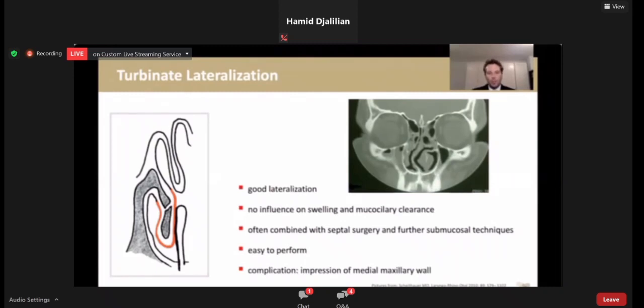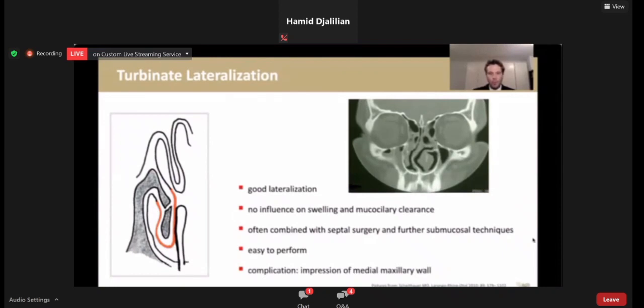Therefore, it is often combined with septal surgery, or it is sometimes necessary if you want to bring the septum to the midline. As you can see over here, a straightening of the septum would not be possible without outfracturing the inferior turbinate on the left side here.